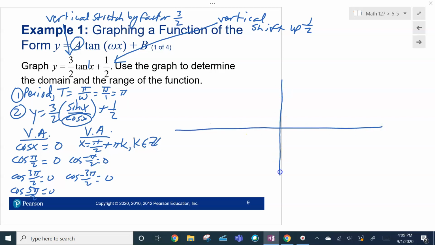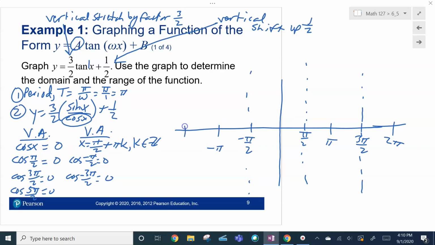So you've got one at pi halves, three pi halves, negative pi halves, and then we're going to start plotting some points here.